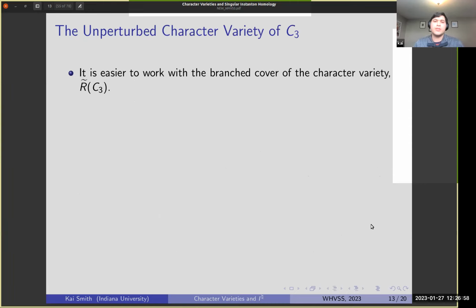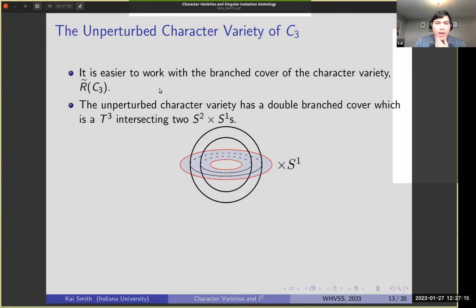So first, we want to understand the character variety of this C3 tangle. And first, I'll go through the unperturbed case. It turns out to be easier if we work with a branched double cover of the character variety. So that's what I'll be talking about. And it turns out that the unperturbed character variety looks like a T3 intersecting two S2 cross S1s.